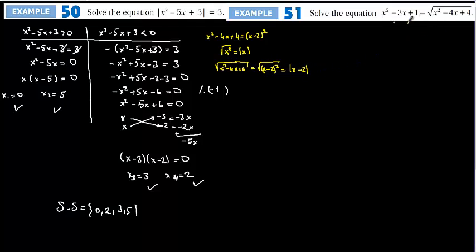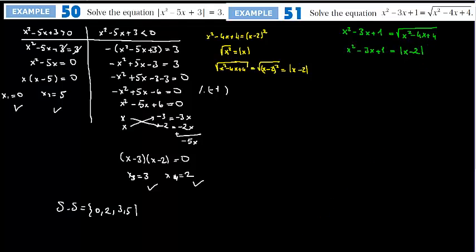So if I rewrite this equation one more time here, x squared minus 3x plus 1 is equal to the square root of x squared minus 4x plus 4, which means x squared minus 3x plus 1 is equal to the absolute value of x minus 2.